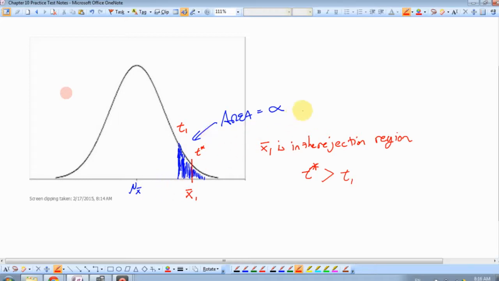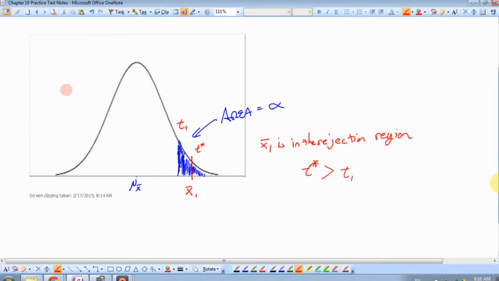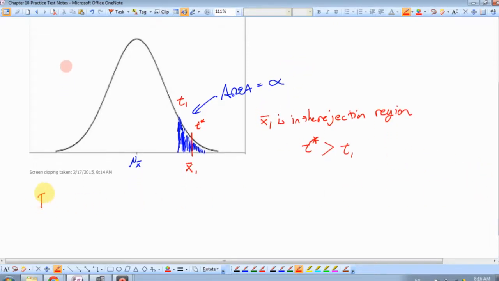You would take an inverse t. So rejection region, let's do that with a calculator. What would be the rejection region?